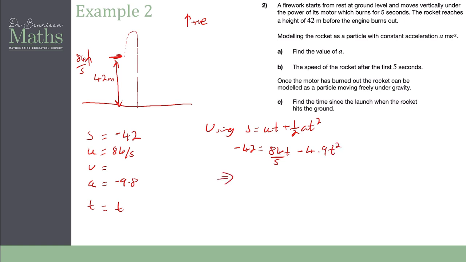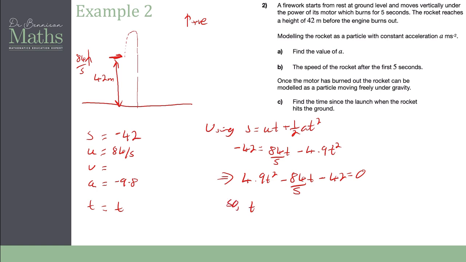Well, I can rearrange this to say that 4.9 T squared minus 84/5T minus 42 equals 0. And this is just a quadratic that I can solve on the calculator.